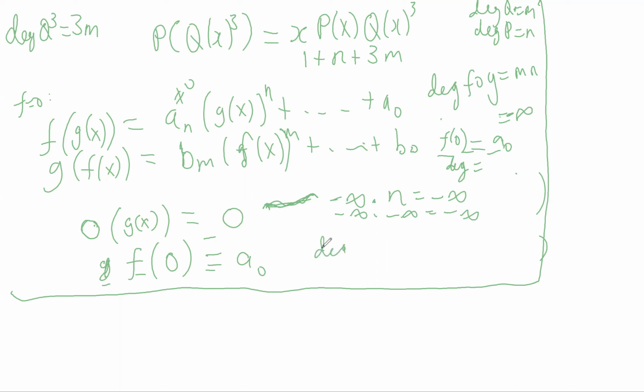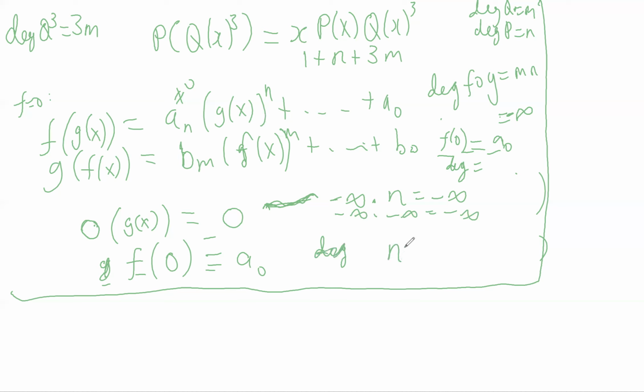The degree of, yeah, I mean the problem says it's non-constant, so we don't need to know about that for this problem. But these exceptions are hidden in here. So the degree of f is not negative infinity. So let's say it's n.